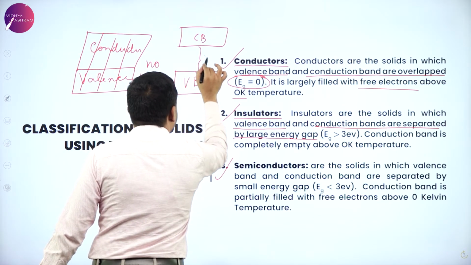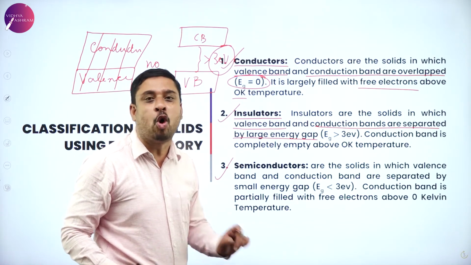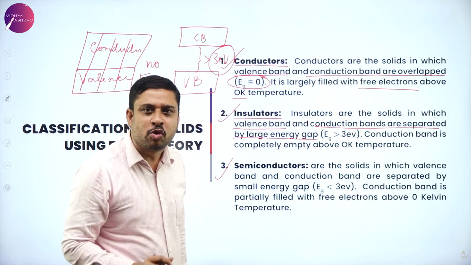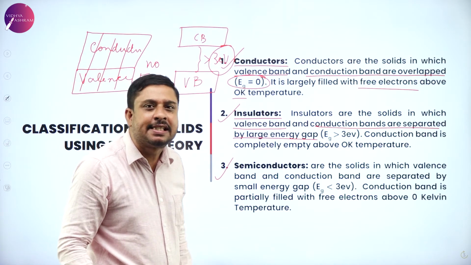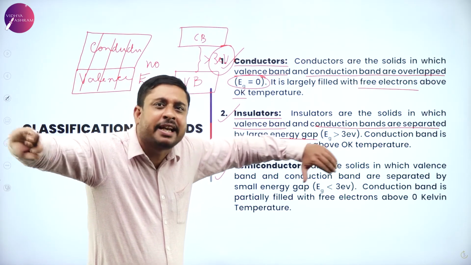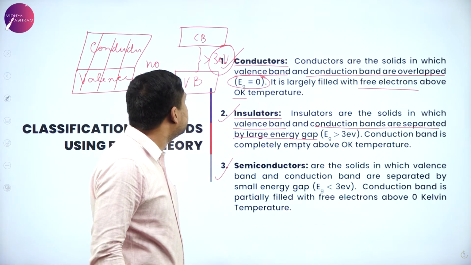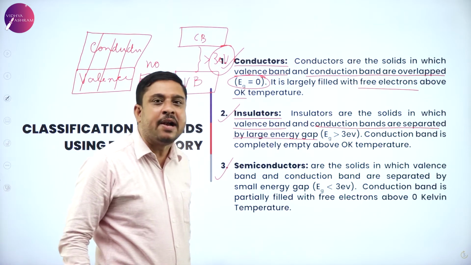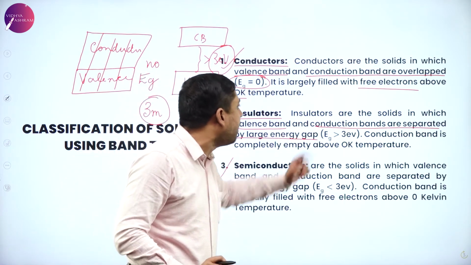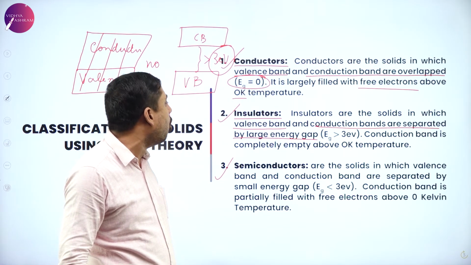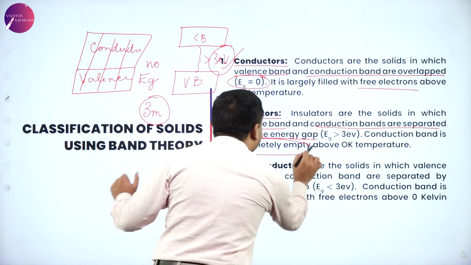There is a large energy gap greater than 3 electron volt. ಒಂದು ಇನ್ಸುಲೇಟರ್ ಕಂಡಕ್ಷನ್ ಪಾಸಿಬಲ್ ಇಲ್ಲ ಅಲ್ಲಿ. So we clearly say there is a good demarcation, good separation between the conduction band and valence band. Clear existence of energy gap in the order of 3 electron volts. And here conduction band is completely empty.